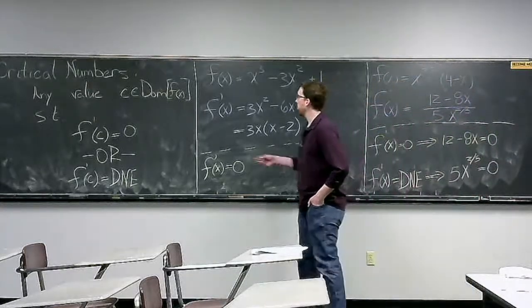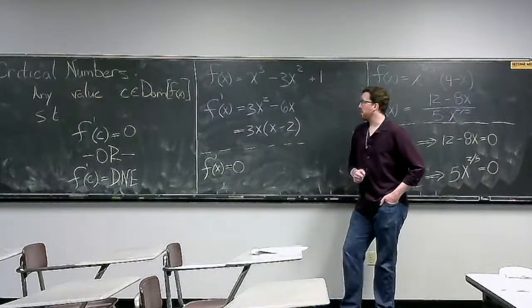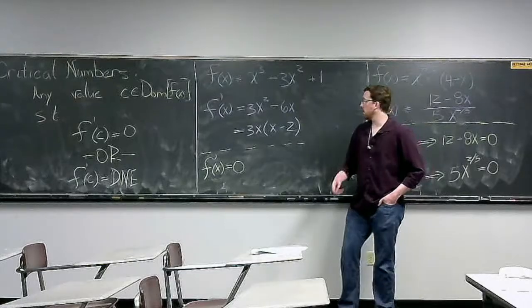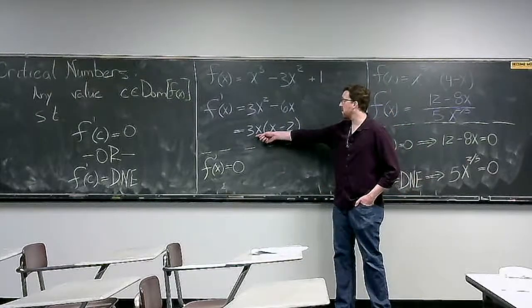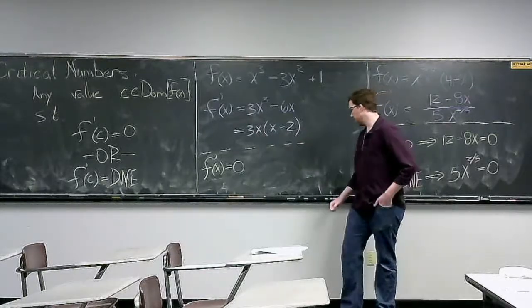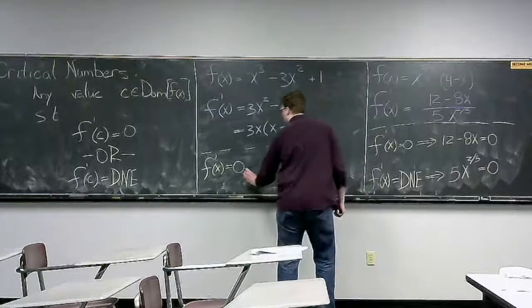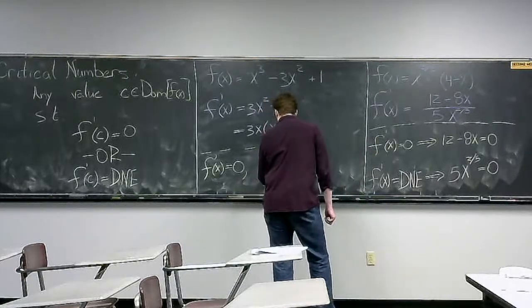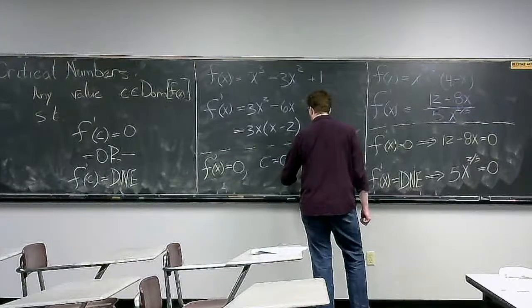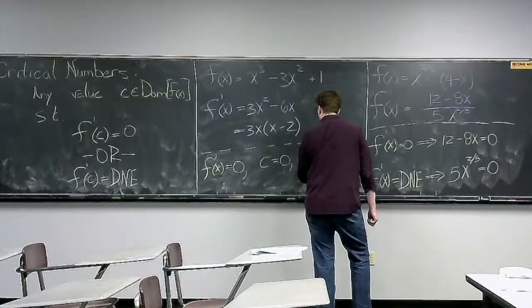So all we need to do is check where this derivative is equal to 0. Well, in this case, that's pretty easy, right? Once we have it factored out, we can see that our critical numbers are going to be where x is equal to 0 or where x is equal to 2. Dope. So, c is equal to 0 or c is equal to 2.